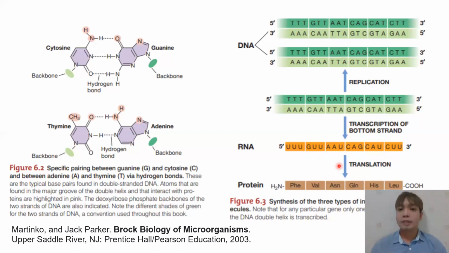So this is the central dogma, like the information ay galing lagi sa DNA, then gagamitin natin DNA, we use DNA as a template to make RNA, and we call that process transcription. And then if we use RNA as a template to make protein, that process is what we call translation. Okay.